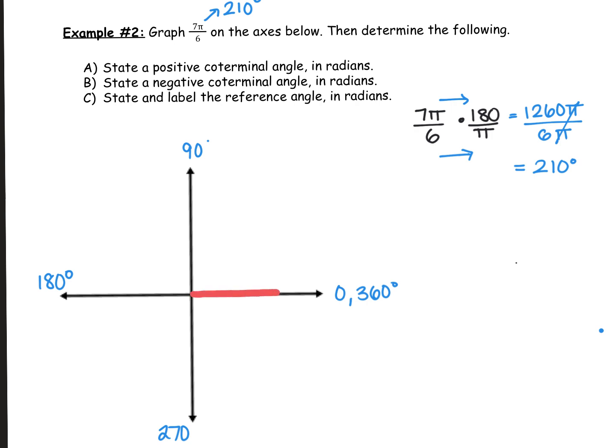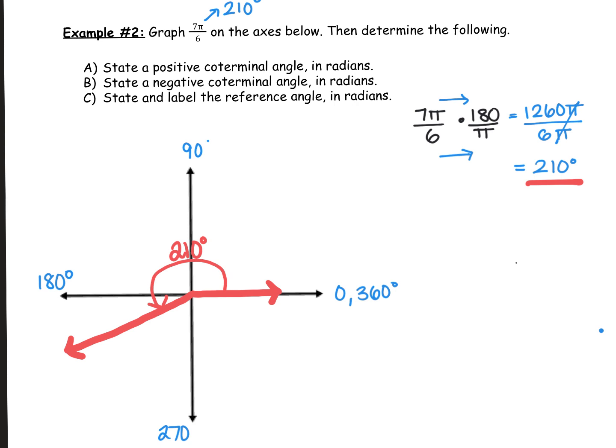You need your initial side, which is always going to be at the 0 marker. Then you have your terminal side. 210 is closer to 180 than it is to 270. And then you also need your directional arrow. So we start at 0, we go up and over and follow around, and that would be your 210.